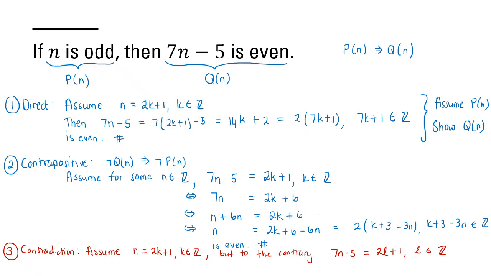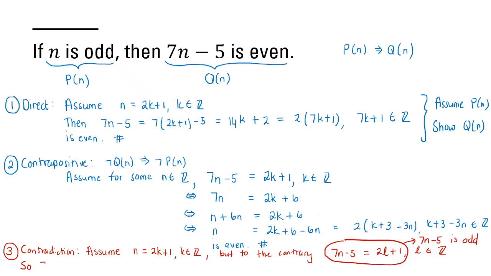I'm going to try and keep this simple because we do not have a lot of space left. What I'm going to do is focus on my 7n minus 5. Part of our assumption is that we assumed 7n minus 5 is odd. So keep this in the back of your mind while we are busy. Right, what are we going to do?